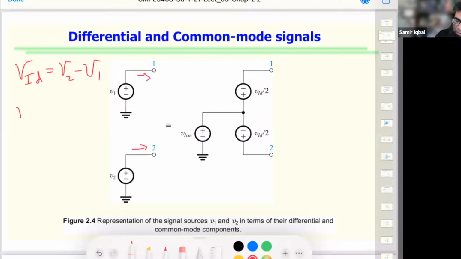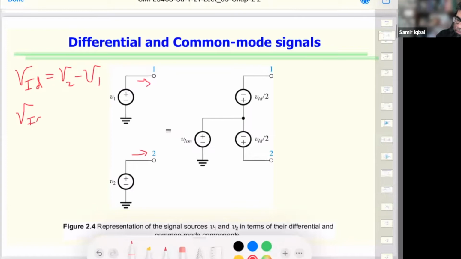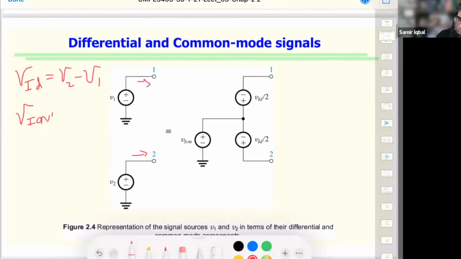If I write the common mode signal as VICM, that would be the average of the two input signals, V1 and V2. This is VICM. So that would be half times V1 plus V2.